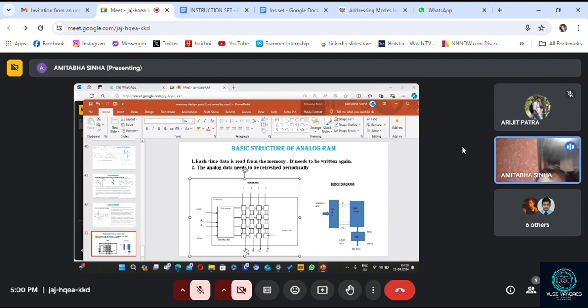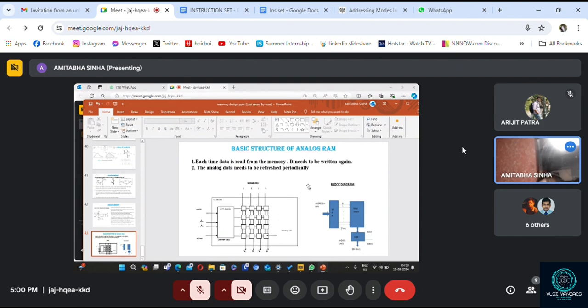Again, if we want to make a tri-state bus, then we can use some transistor here. Why this drain and source? Look, any kind of switching is done by the transistor using its switching property. It has three leads: gate, source and drain.